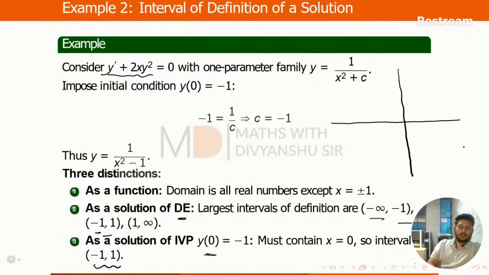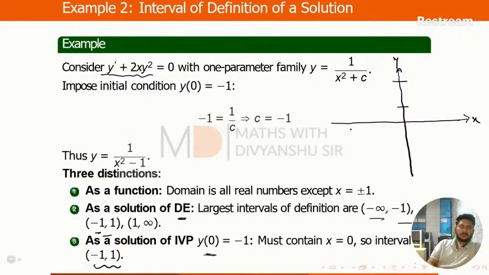Here is the x axis and here is the y coordinate. Take a gap, because we only talk about minus 1 and 1.